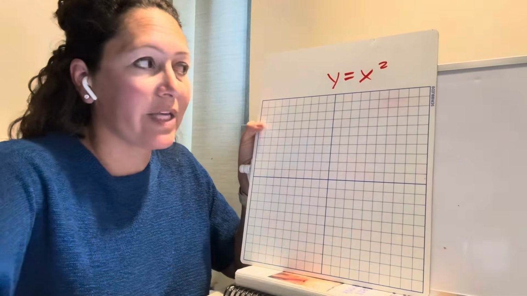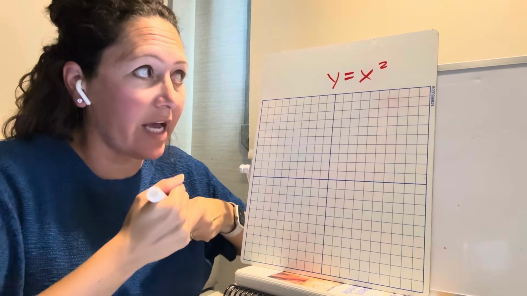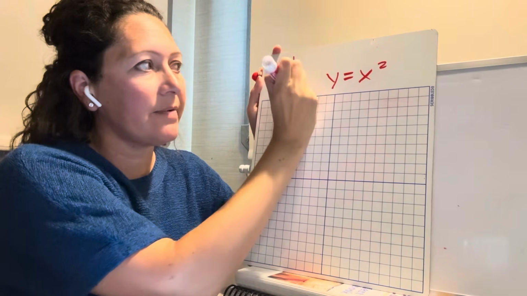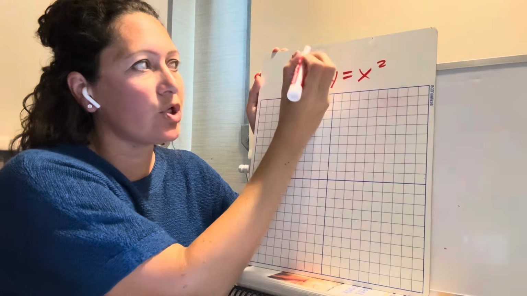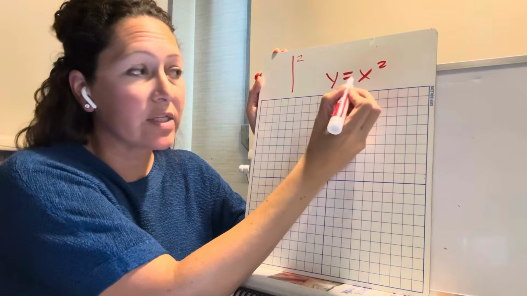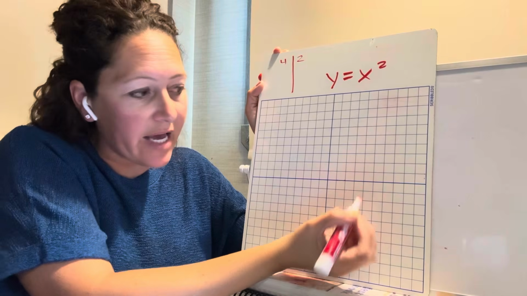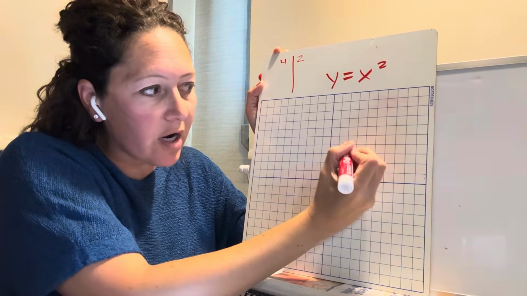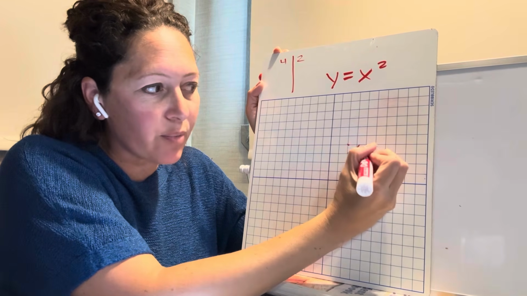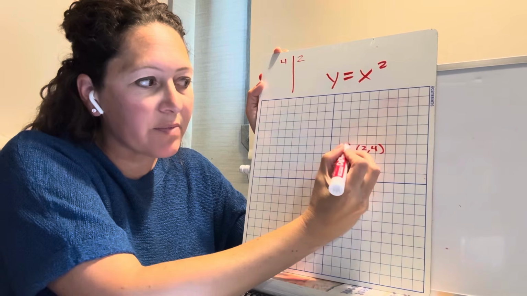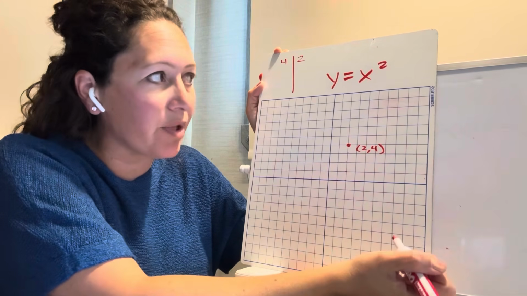And maybe you could plot it for the kids too to show them what an exponential line looks like. So if I said x was 2, 2 squared is going to be 4, so my y value is 4. So 1, 2 on my x, 1, 2, 3, 4 on my y. So that is the point 2, 4.